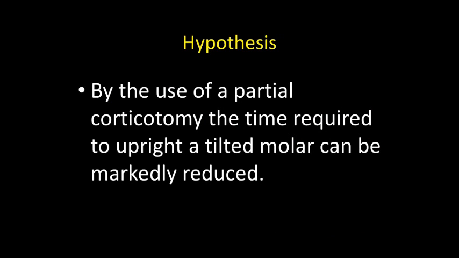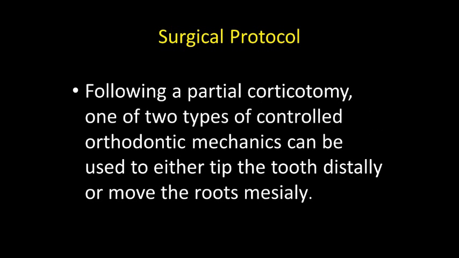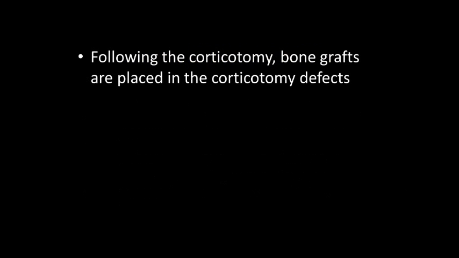This is our hypothesis. By the use of a partial corticotomy, the required time to upright a tilted mandibular molar can be markedly reduced. Here's the surgical protocol. Following a partial corticotomy, one of two types of controlled orthodontic mechanics can be used to either tip the tooth distally or to move the roots mesially.